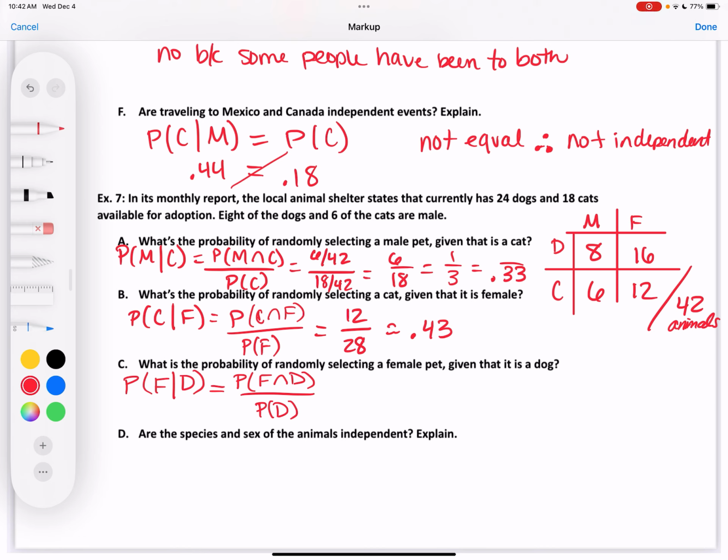So what's the probability of female intersected with dog? Or the number. 16 over 24? Oh wait, well, the number for the probability of dog is going to be 24, yes. So, yes, technically, just a little bit of a step ahead. 16 is the intersection, and 24 is the number of dogs out of the 42. So that is going to give us 0.67.